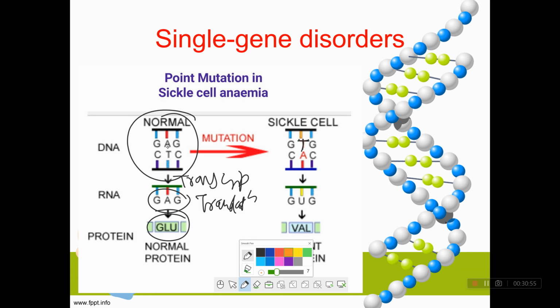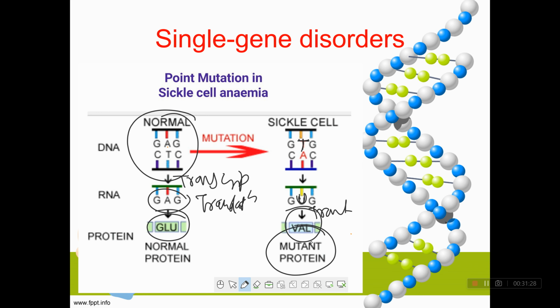After changing into the T, there is a U. After transcription, at the place of T, U will be present, and after translation, this GUG codes for an amino acid, that is valine. That is valine, and this is a mutant protein.